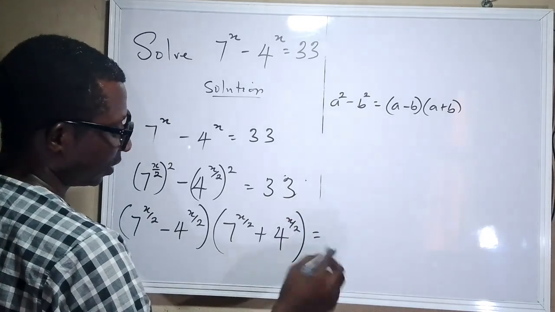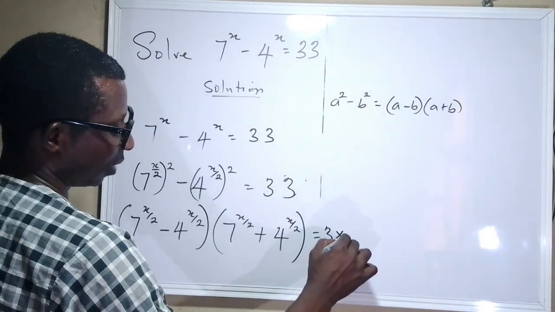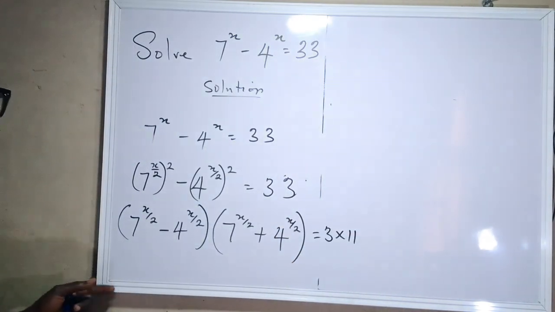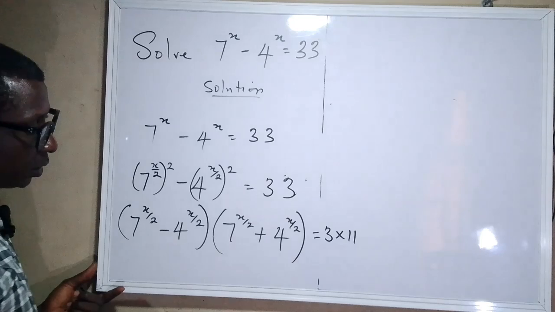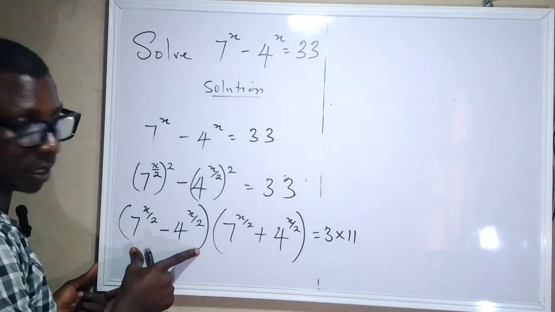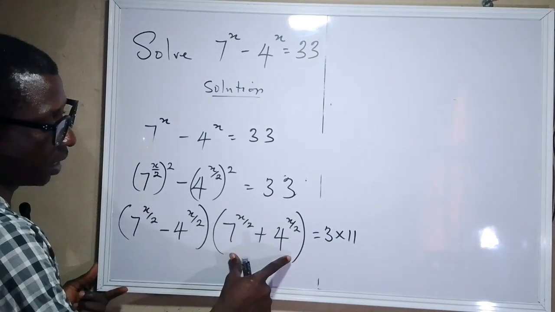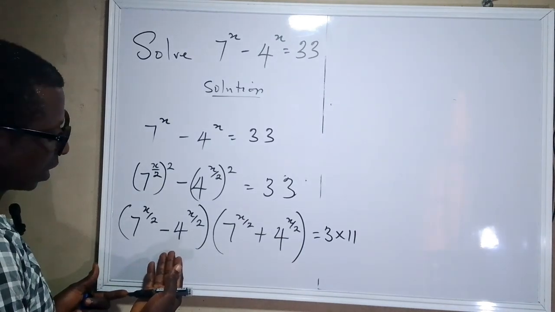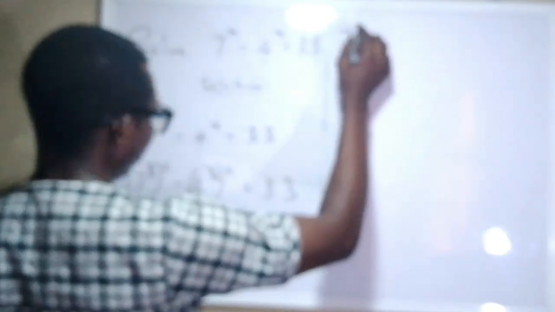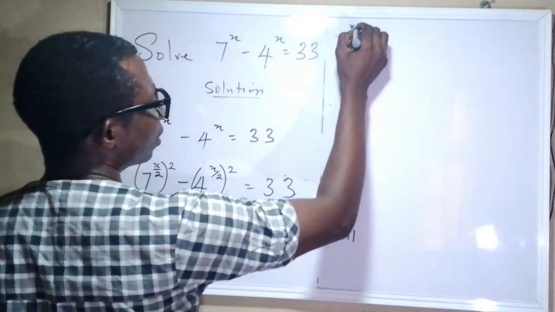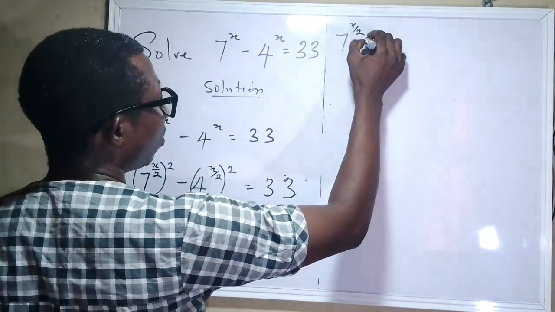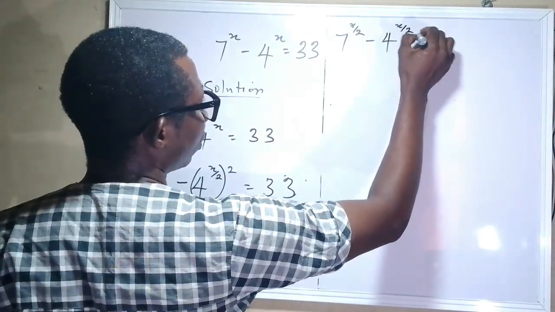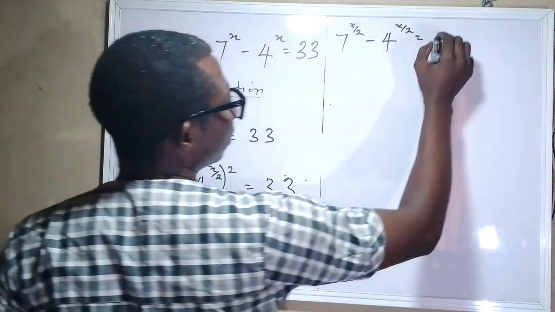And 33 is the same thing as 3 times 11. Okay, so now from here we compare. So this expression here will be equal to 3, while this will be equal to 11. Now when you look at it, we have 7 raised to the power of x over 2 minus 4 raised to the power of x over 2 equals 3.